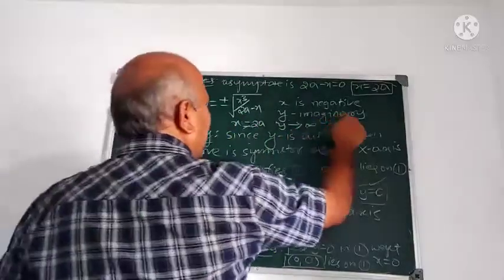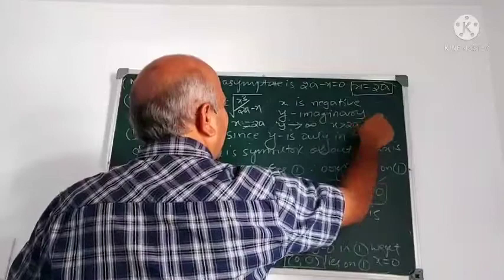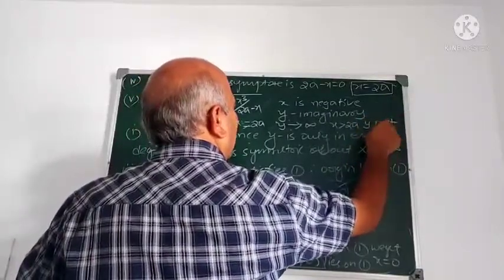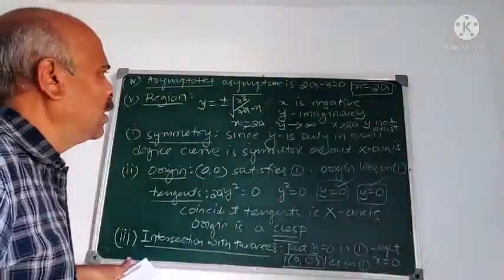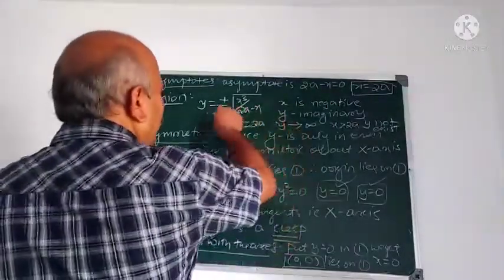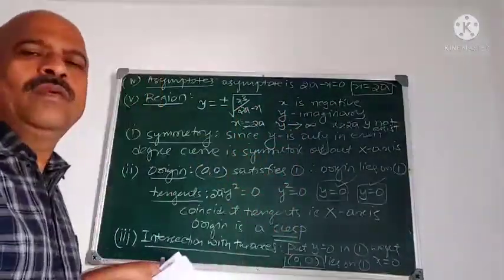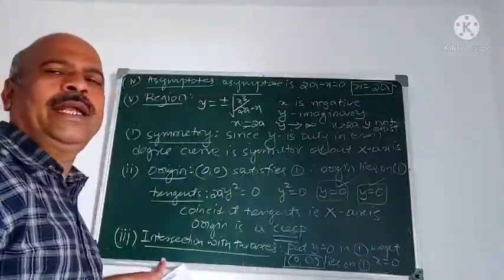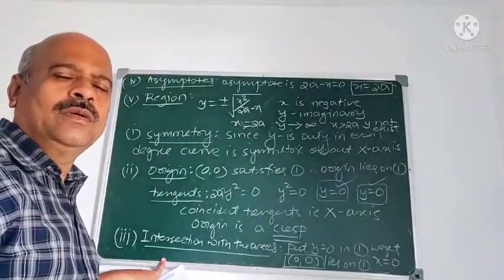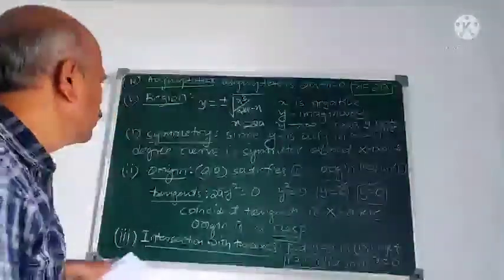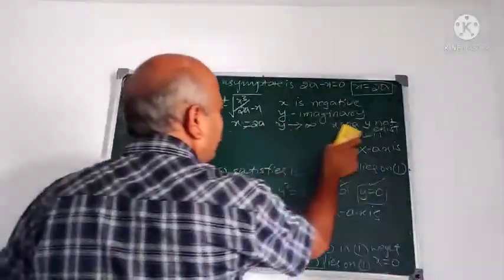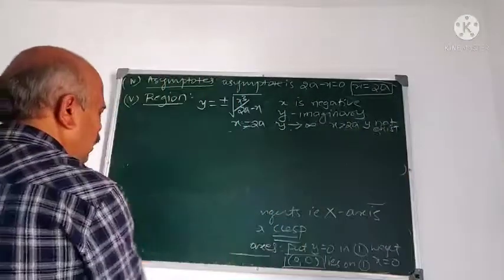But when x is greater than 2a, y is again not defined. y doesn't exist. So the curve lies entirely within the region x is 0 to x is 2a. Now using this, we can easily draw the curve.